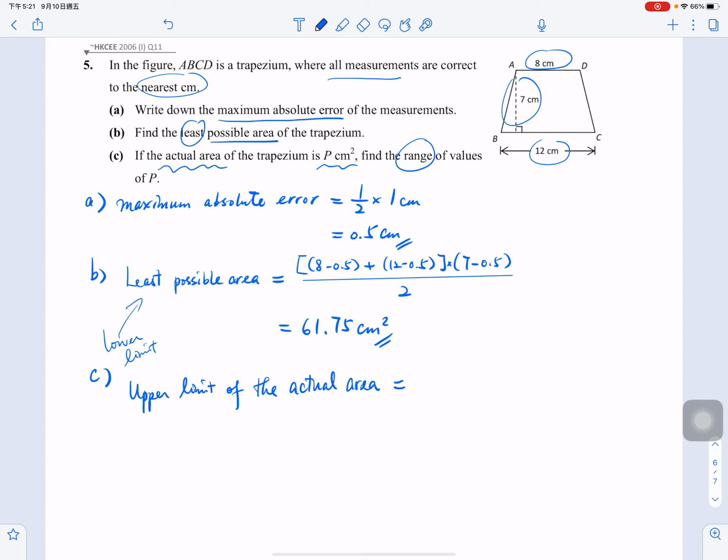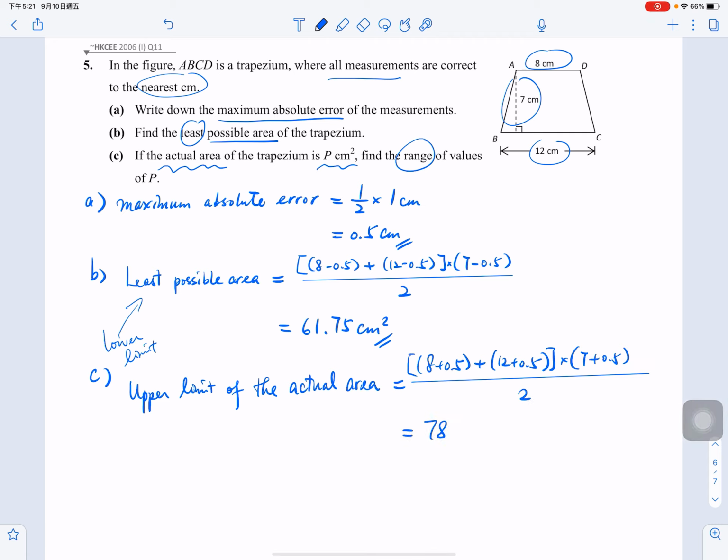Okay, so this one equals what? Just the same, 8 plus 0.5 plus 12 plus 0.5 and then times 7 plus 0.5, all together divided by 2.